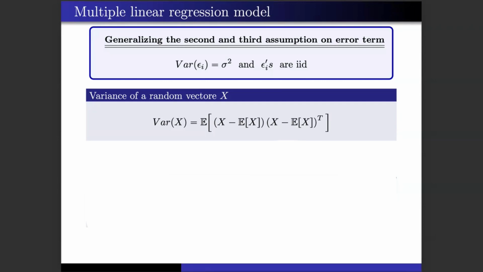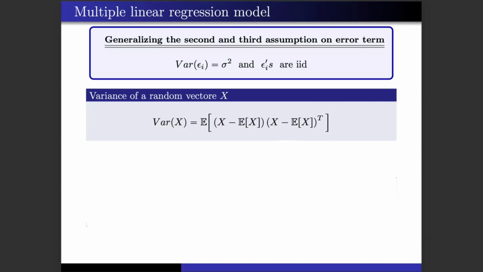When we talk about a random vector x, it's no more a variable, it's a column vector x, and its variance would be equal to the expectation of (x minus its expectation) times (x minus its expectation) whole transpose. This is the formula of variance we have.